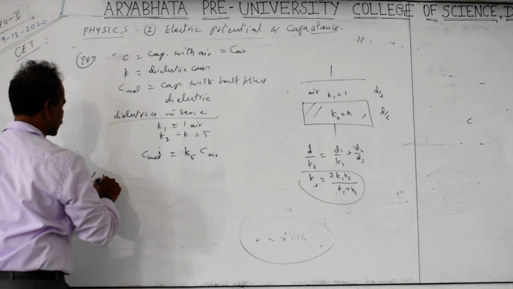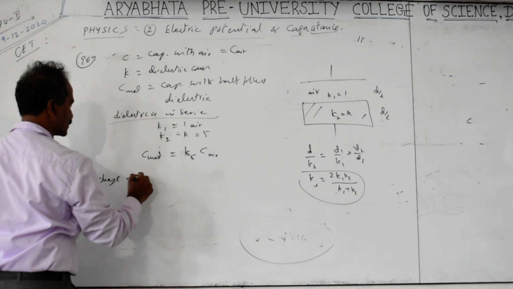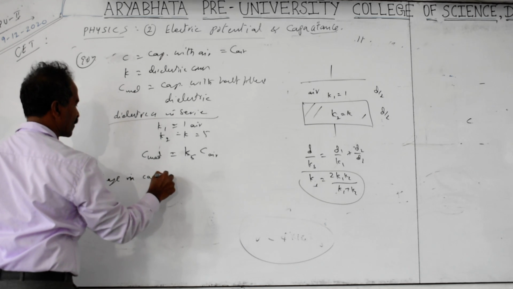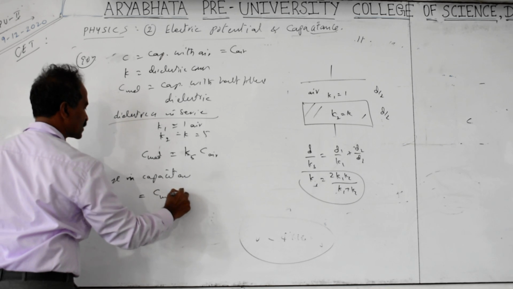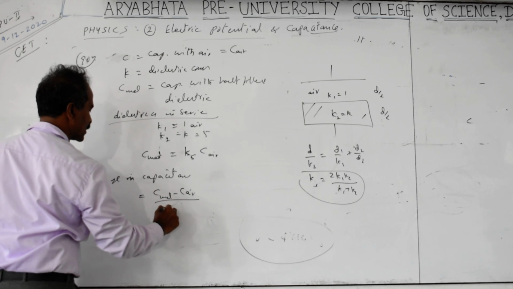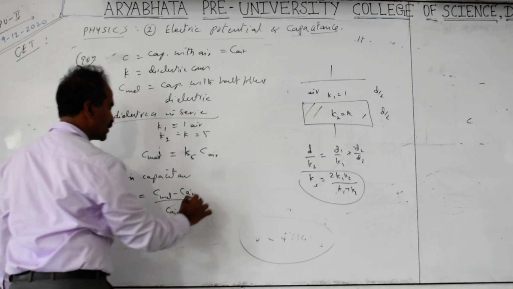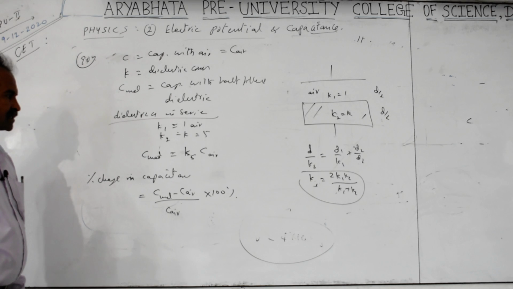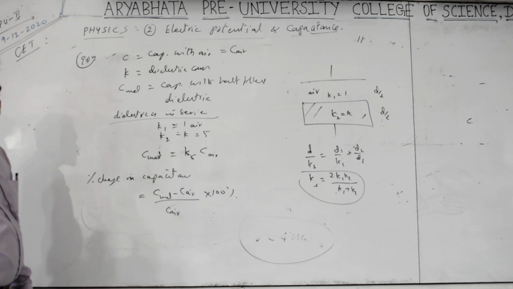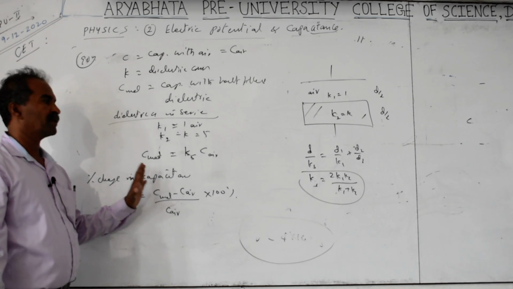Percentage change in capacitance is equal to (C medium minus C air) by the initial value C air, into 100%. This is the formula. We have done an almost similar problem before, but that was fully filled. This is partially filled.